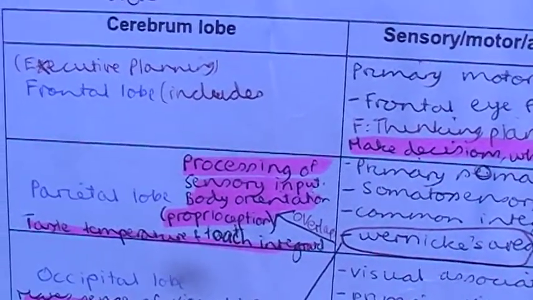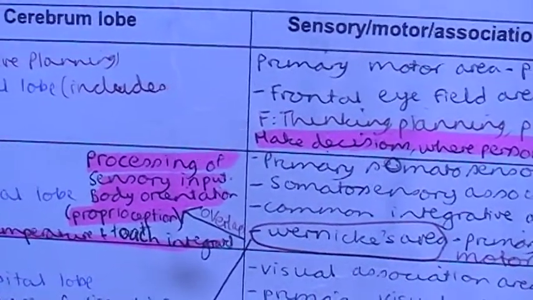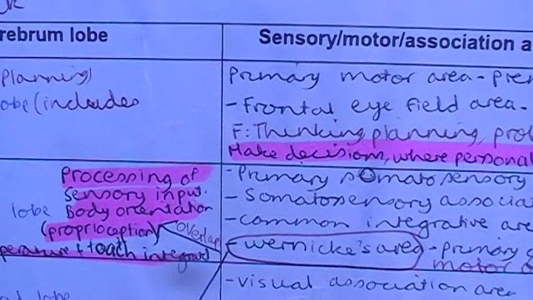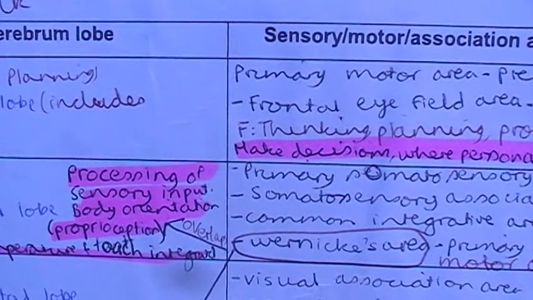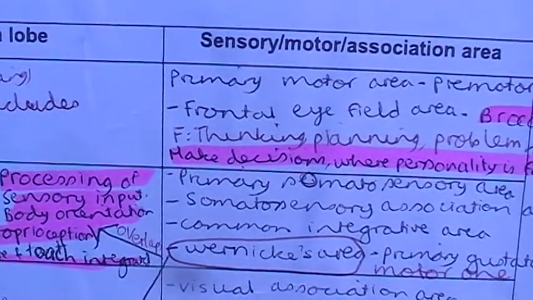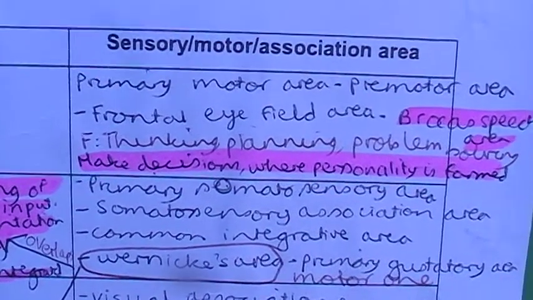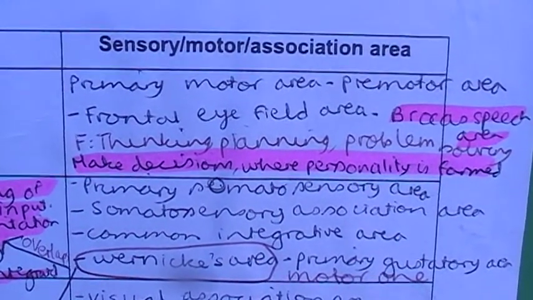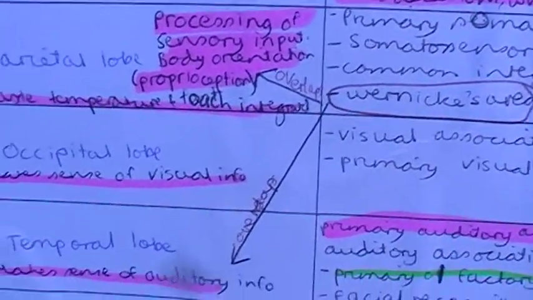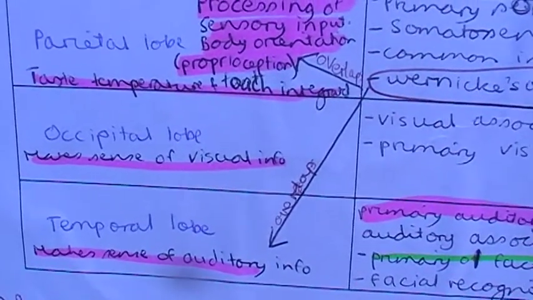The parietal lobe is where the processing of sensory input happens. It contains the Wernicke's area, which overlaps with the temporal lobe.